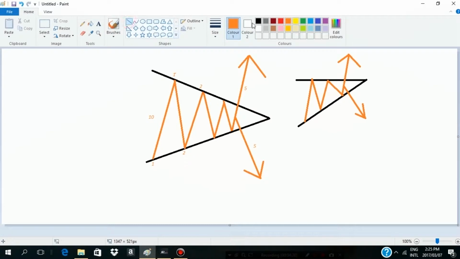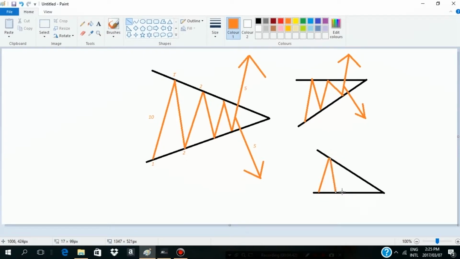And then we have got a descending triangle where you have got horizontal support and diagonal resistance. So price is constantly being pushed down. So price is generally going to range between your triangles.